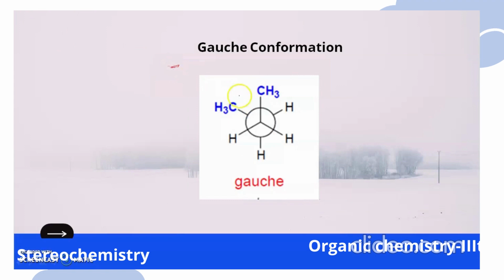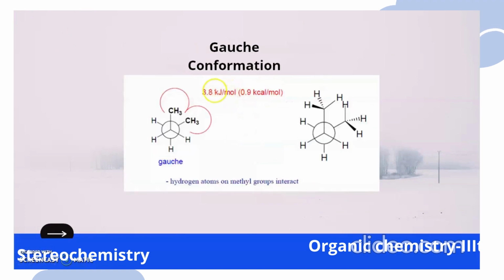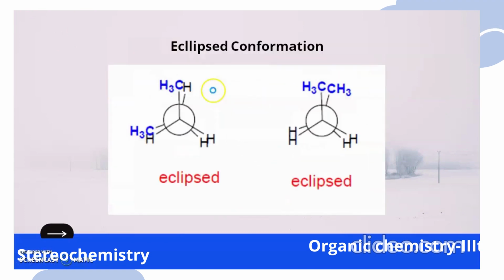And this is the representation of gauche conformer, where the 2 methyl groups are separated by an angle of 60 degrees. This is the representation of eclipsed conformers, where hydrogen, which is least bulky, and more bulky groups are so closely packed or eclipsed to each other.